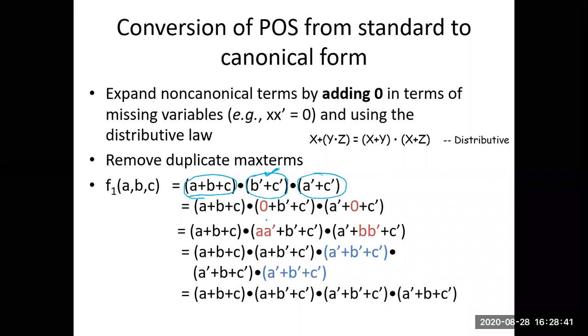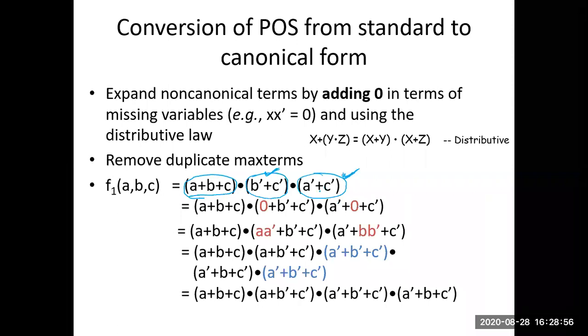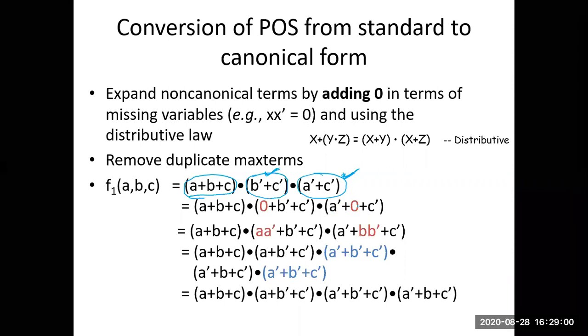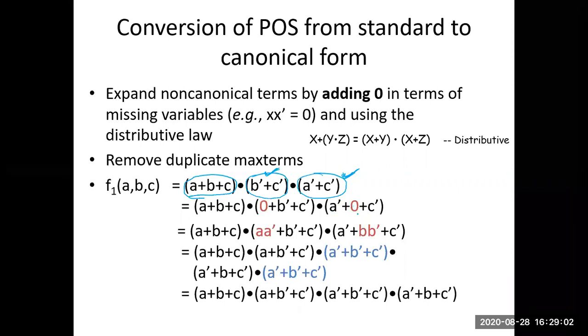And then in the place of 0, you write that 0 in terms of A, so that is A into A bar. The same thing you do with the third part. B is missing, so you write 0, and you convert the 0 into B into B bar.